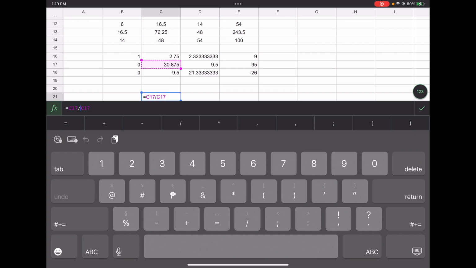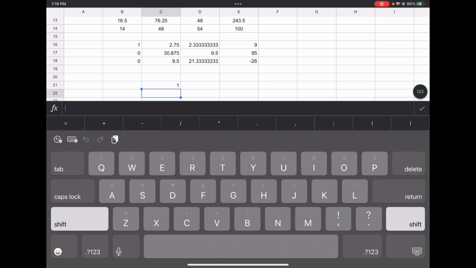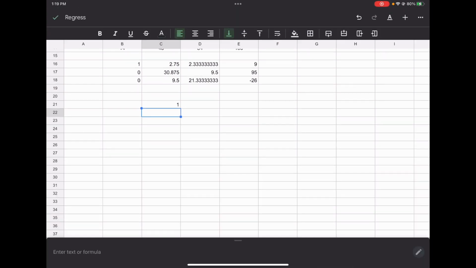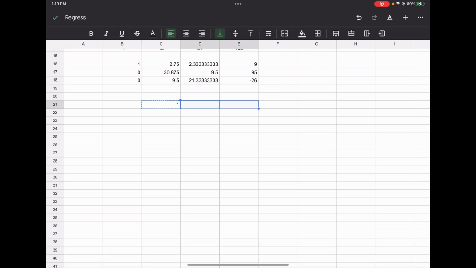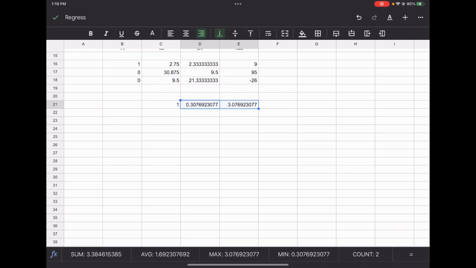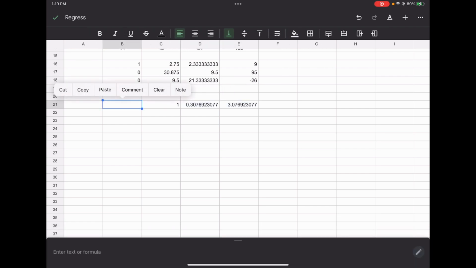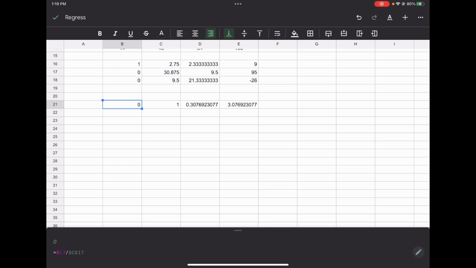Then again, I need to fix that. So we copy, paste it, and we paste it there.